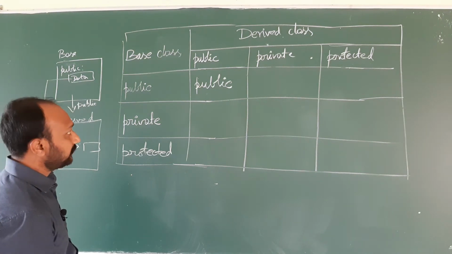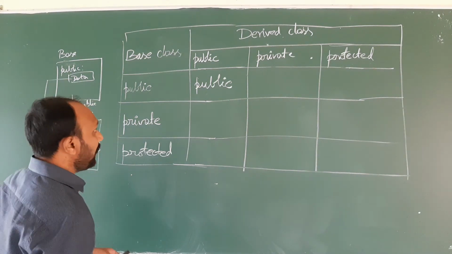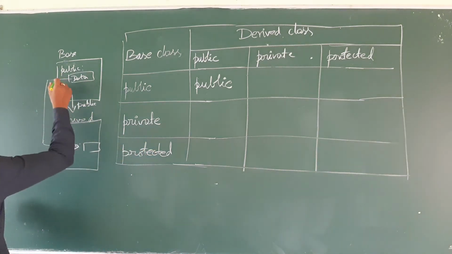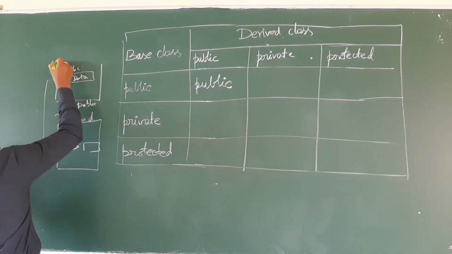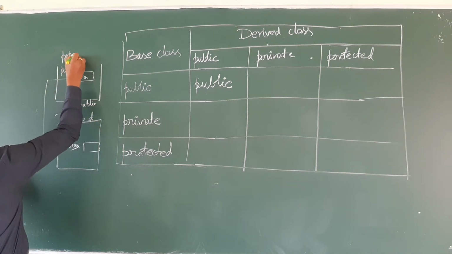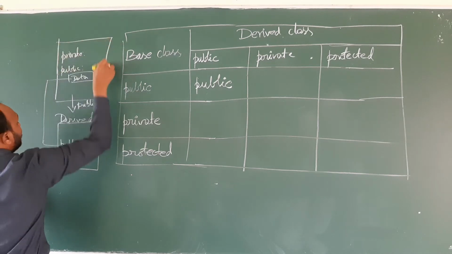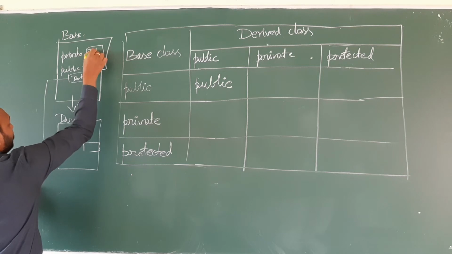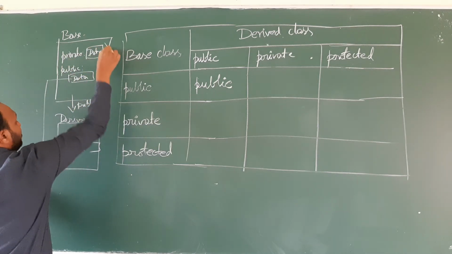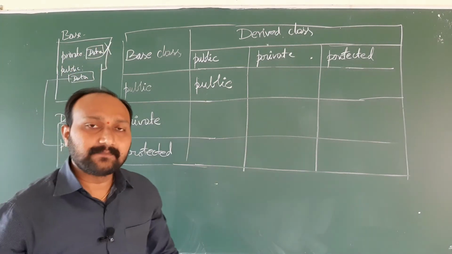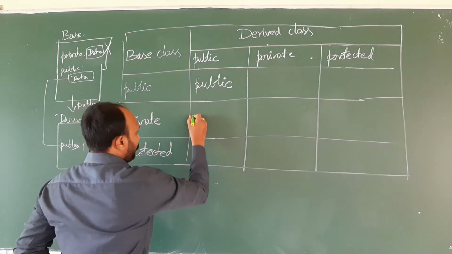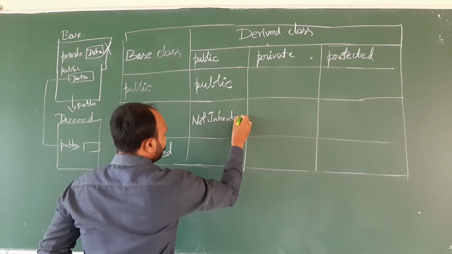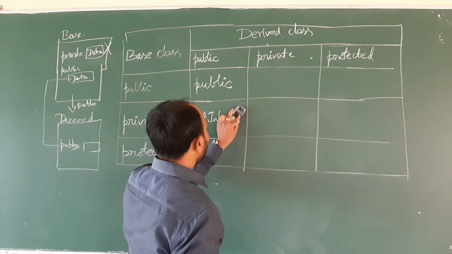On the other hand, if there are any private data members in the base class, these private data members cannot be inherited under any circumstance. They are not inherited.